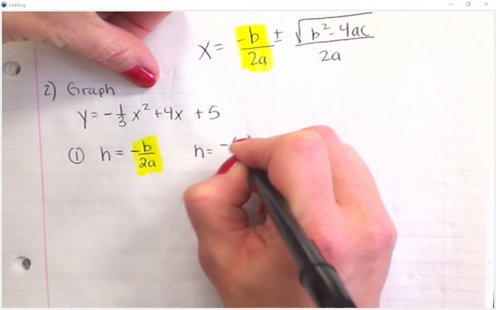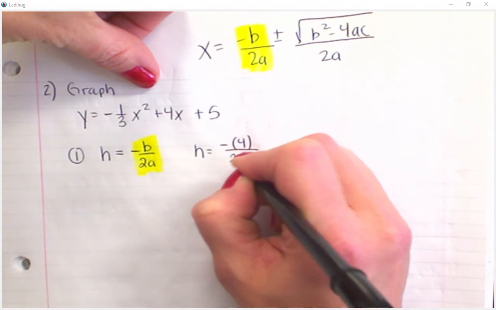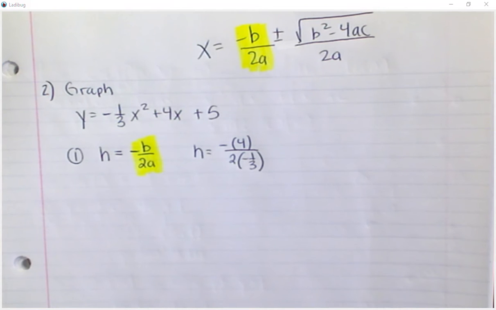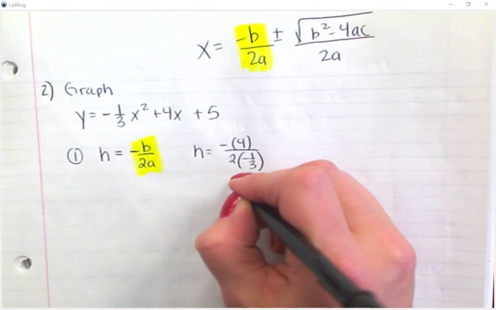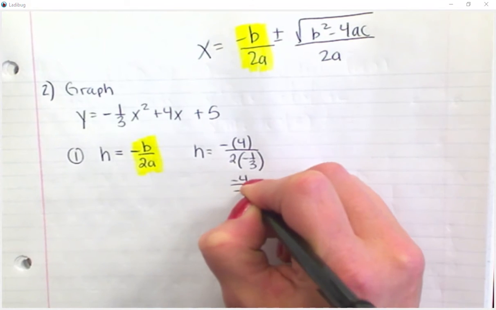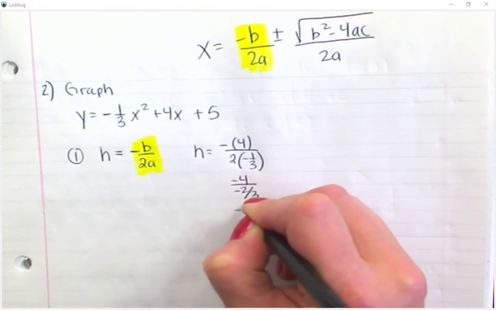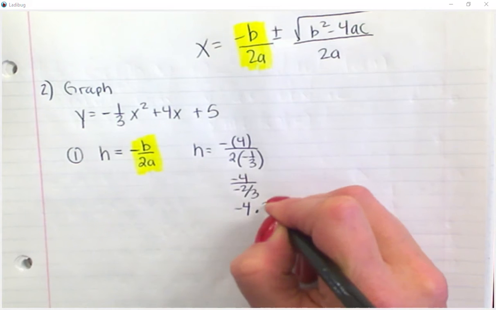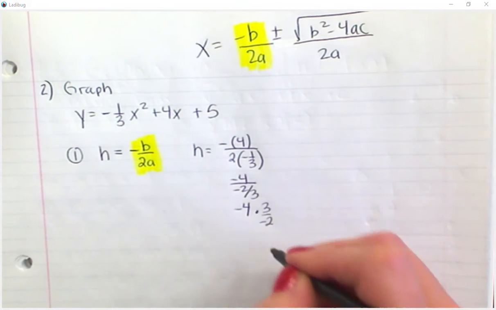Opposite b over 2a. The only downside is, yes, you've got a little bit of fraction here that you have to work with. So let's see what we can do. You should not divide by a fraction. You should multiply by the reciprocal.